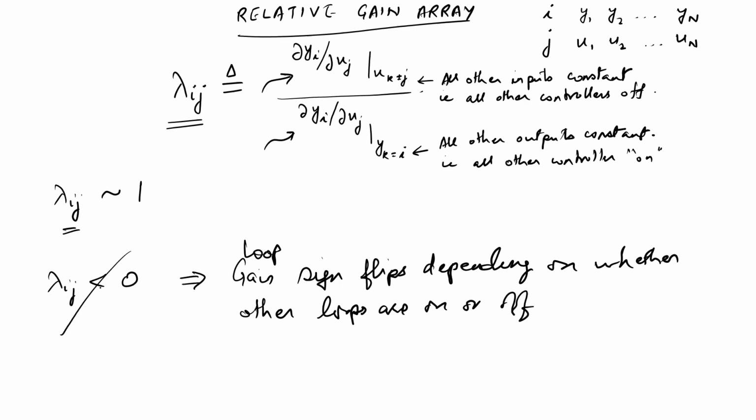So this is a strict no. So avoid such pairings. What about this guy? When you have the relative gain close to 1, that means whether the other loops are on or off, it doesn't really matter. That particular pairing sees pretty much the same gain. So prefer such pairings.